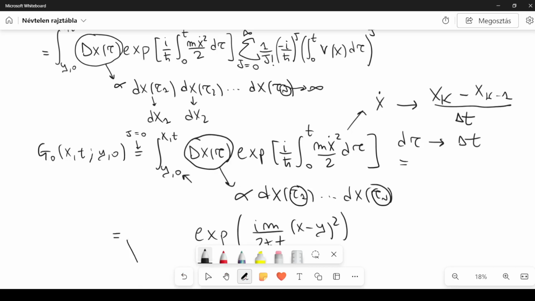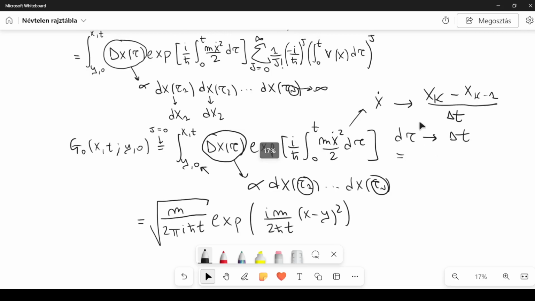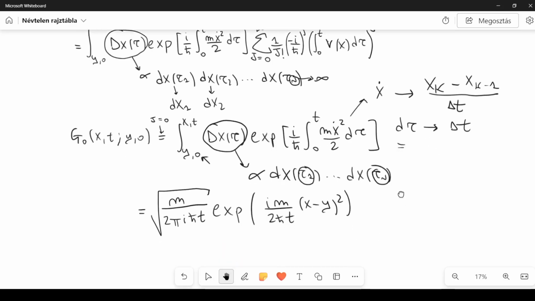We get this constant, the square root of m divided by 2 pi i h bar t.